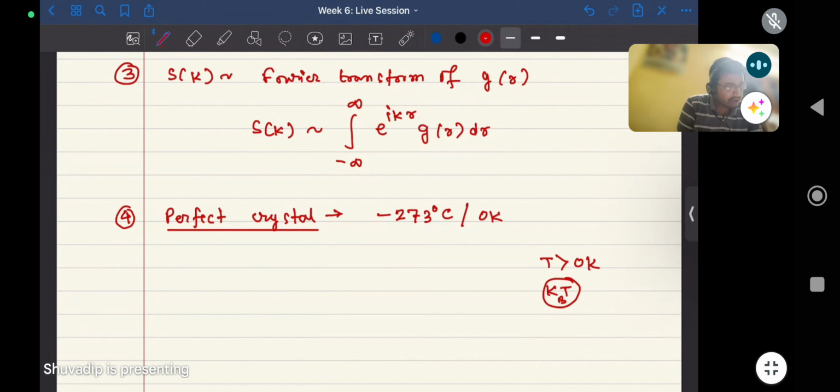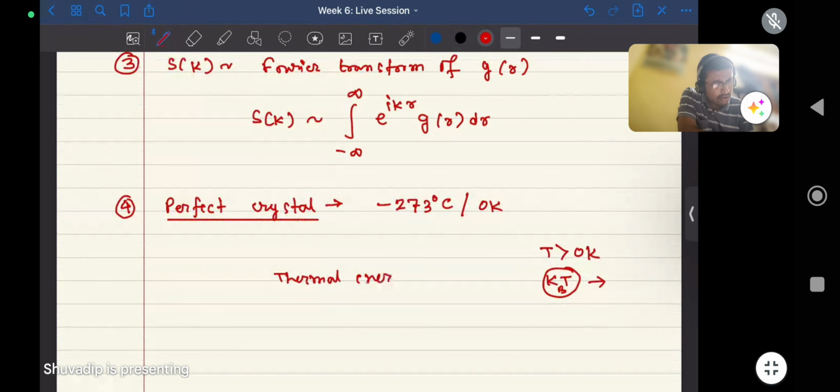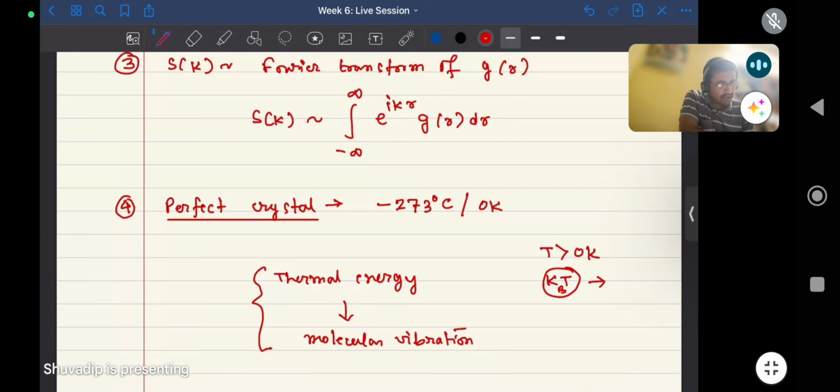If you are at some temperature greater than 0 Kelvin, then there will be thermal energy, and due to that thermal energy there will be molecular vibration. So in that scenario it will not be a perfect crystal. Perfect crystal will be only at 0 Kelvin temperature.